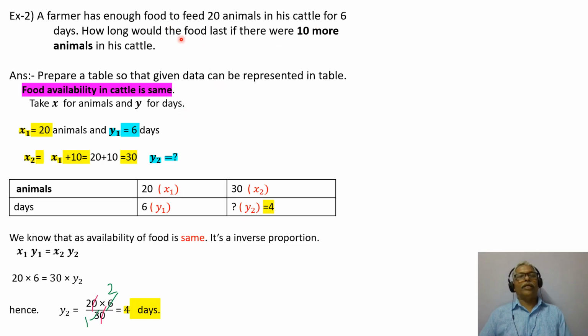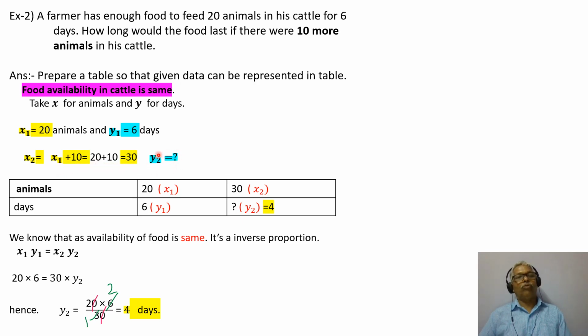You can take anything you like, but if you take animals as X, then for the second also take animals as X. So X1 is 20 animals and Y1 is 6 days. X2 is X1 plus 10, because 10 more animals were added. So X2 is 20 plus 10, that is 30.